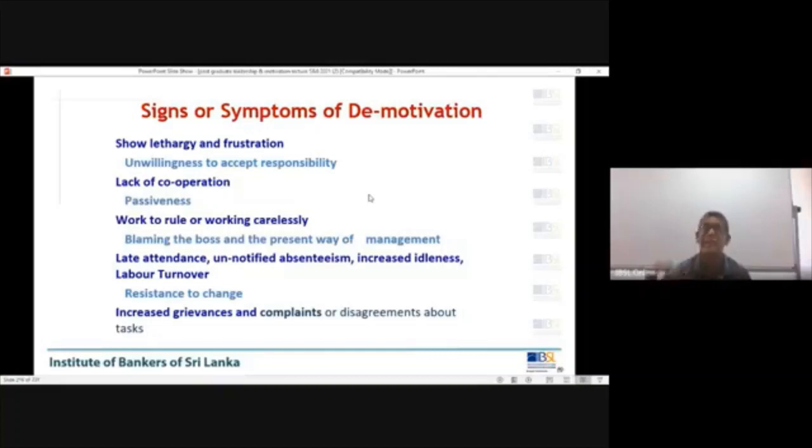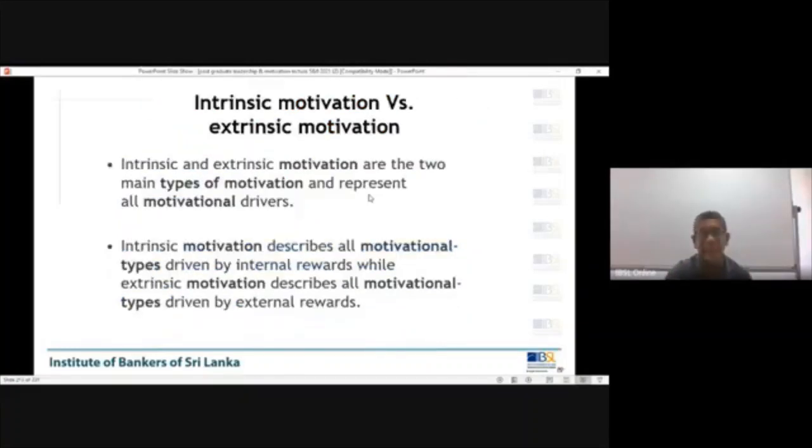Those are demotivation factors for running your car smoothly. Likewise, at work there are also indicators. Those are symptoms of demotivation. There are positive as well as negative ones, right?